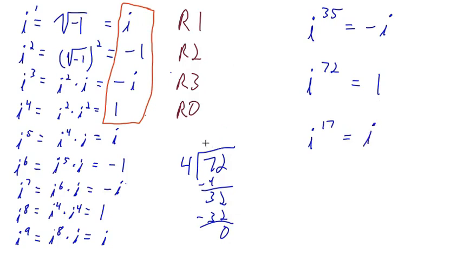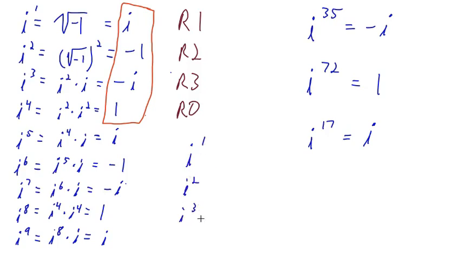Okay, now this method relies upon being able to either remember these expressions or be able to write them out. So when you're faced with a problem like one of these, you just want to make sure you can figure out, or you remember, what each of these equals. So i to the 1st power equals i.